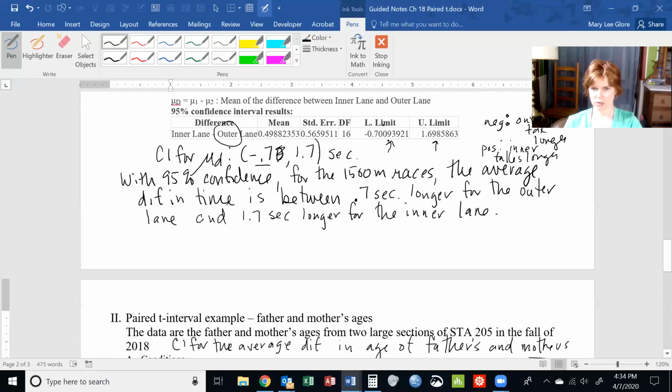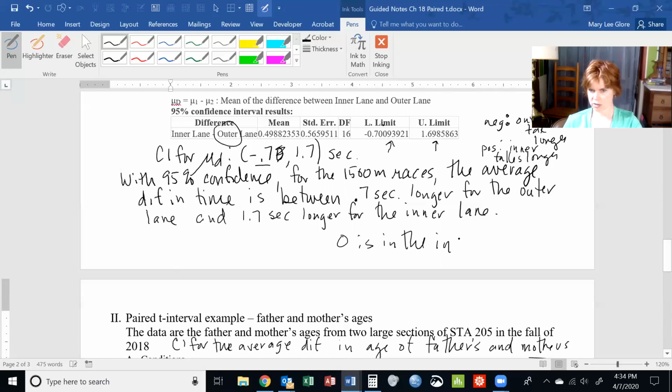So if I was looking at this interval and asking whether this indicates that one of the lanes has an advantage, I would say no, because the entire interval isn't positive or negative. If the entire interval is negative, it would mean the outer lane takes longer. If they're both positive, this would indicate the inner lane takes longer. Because one side is negative and one side is positive, it could go either way. And so in this case, 0 is in the interval.